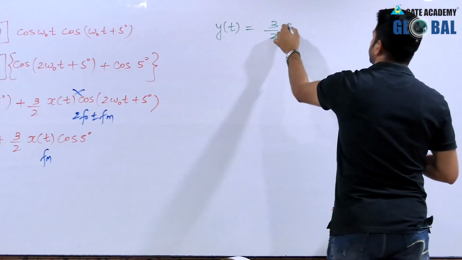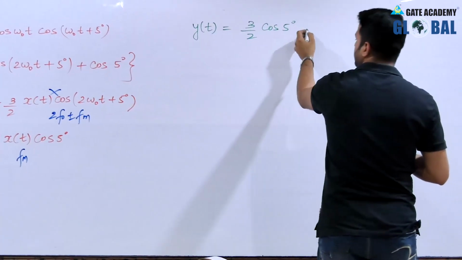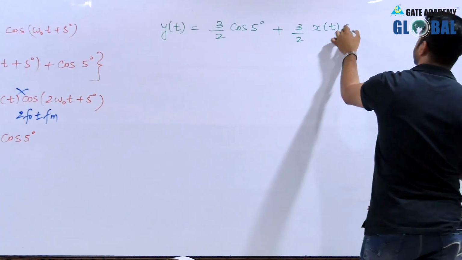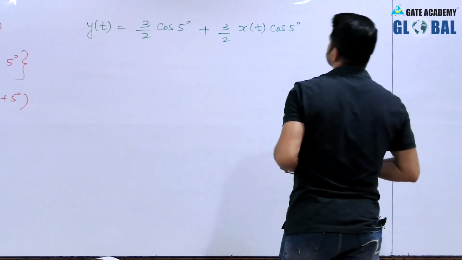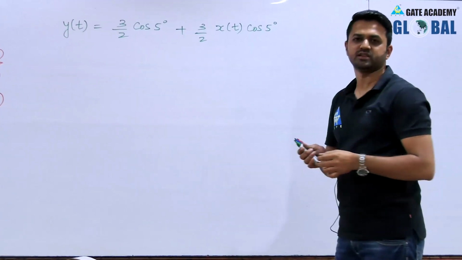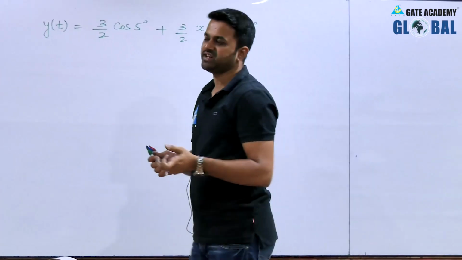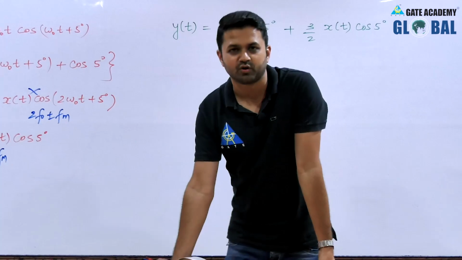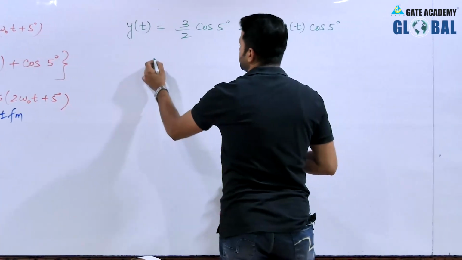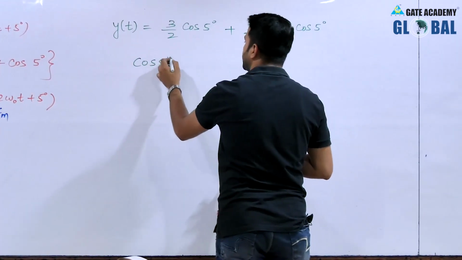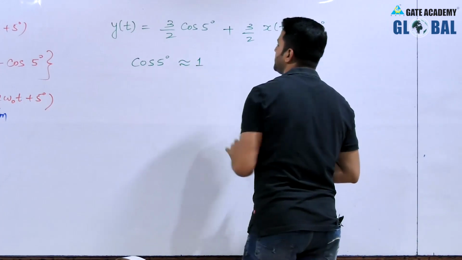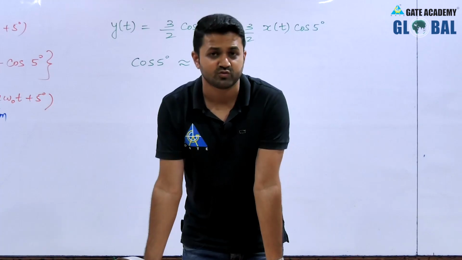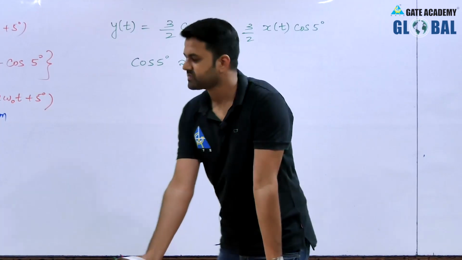So, we get 3 by 2 cos 5 degrees plus 3 by 2 x of t cos 5 degrees. The cos 5 degrees is common in both, and the angle of 5 degrees is actually very small, so approximately we can consider the value of cos 5 degrees as 1, since cos 5 is close to 1.